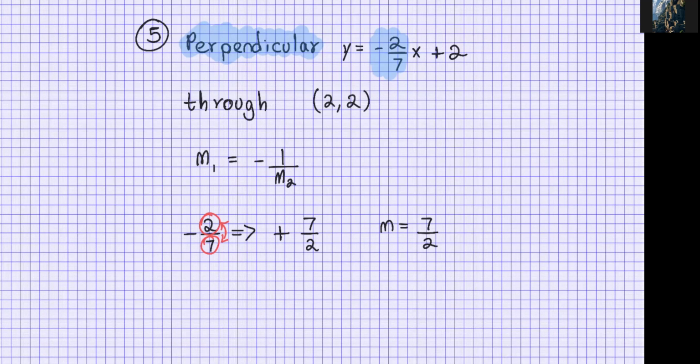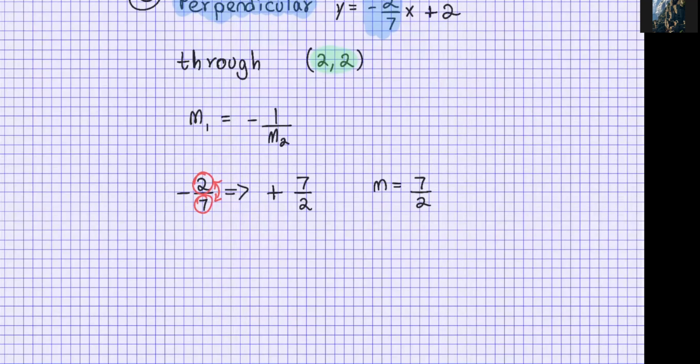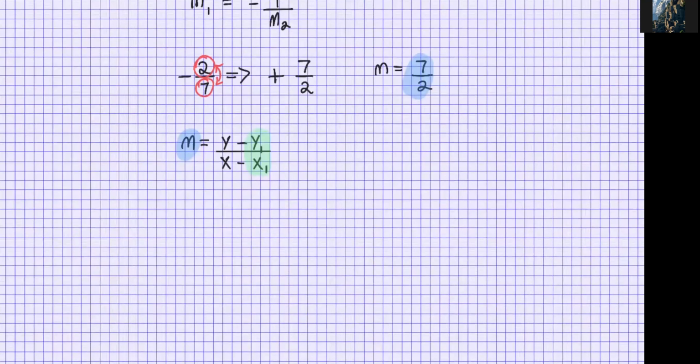And it's going through this point right here, 2, 2. So we use y minus y1 divided by x minus x1. Here we have the point, and here we have our slope. So let's begin.